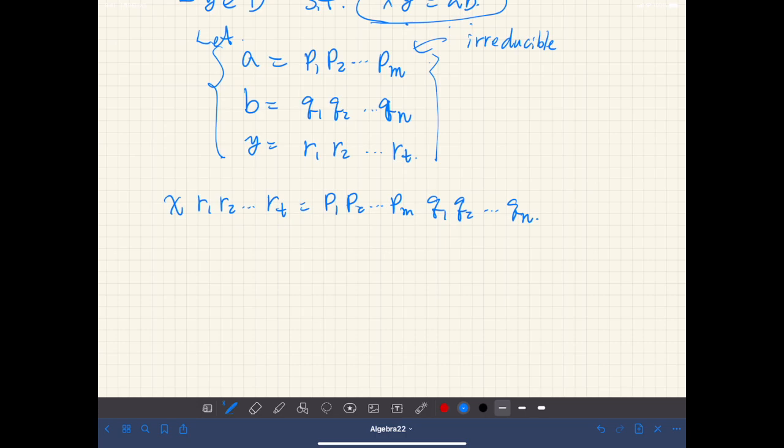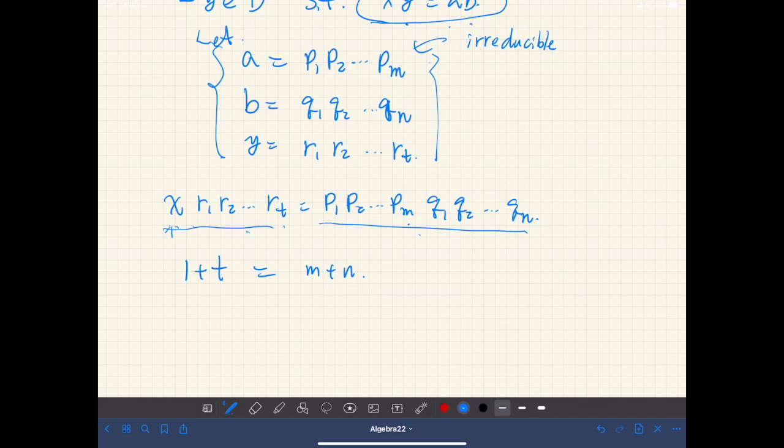But these are two different expressions of the same element, and x is irreducible. So considering the number of irreducible elements on the left hand side and the right hand side, we have 1 plus t is equal to m plus n.